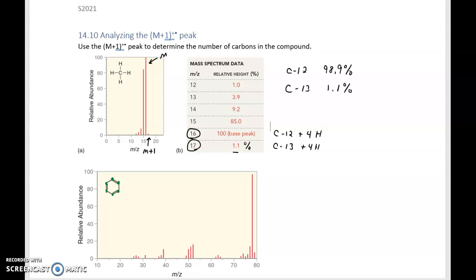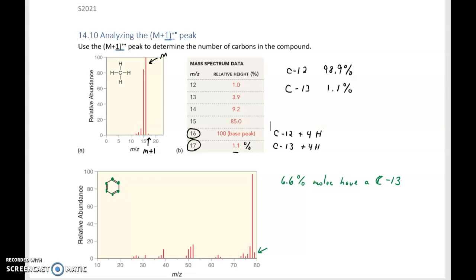So we end up with 6.6% of the molecules having at least a carbon-13 in place of the carbon-12.